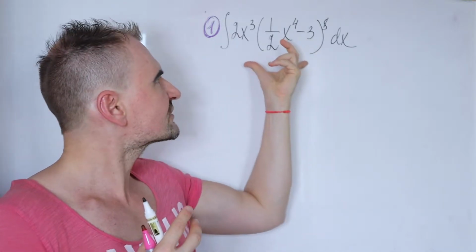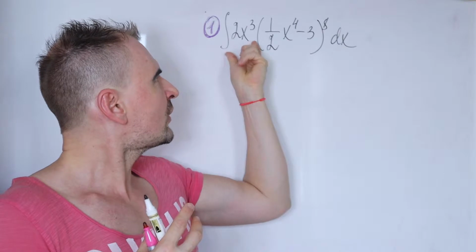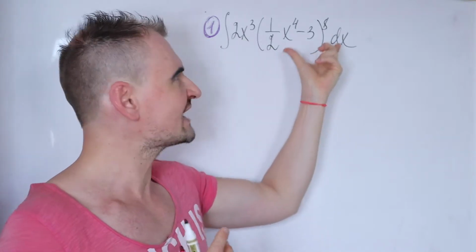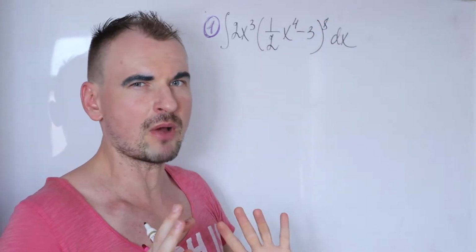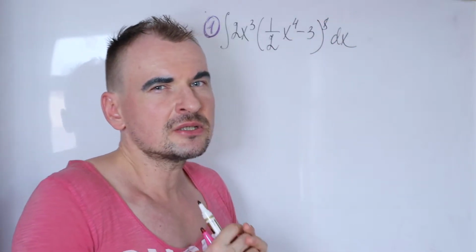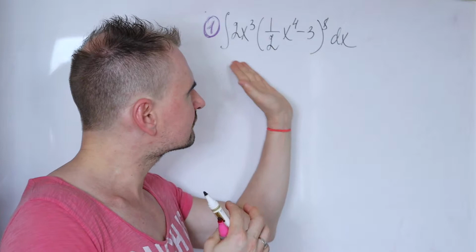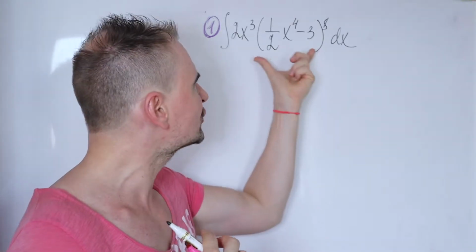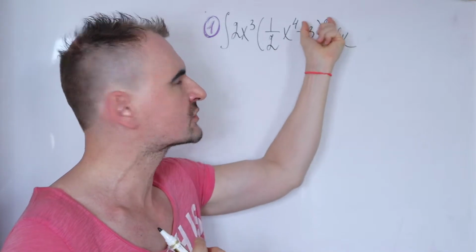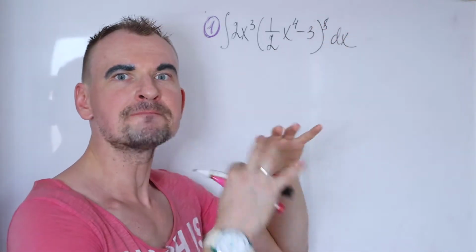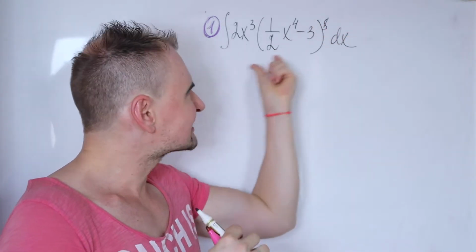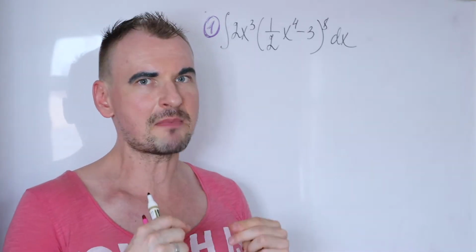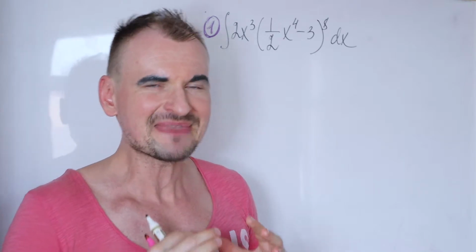Look at this. You have one term multiplied by another term raised to the 8th power. You might come up with the straightforward idea to raise this binomial to the 8th power and multiply things out, distribute, so you might come up with some algebra.